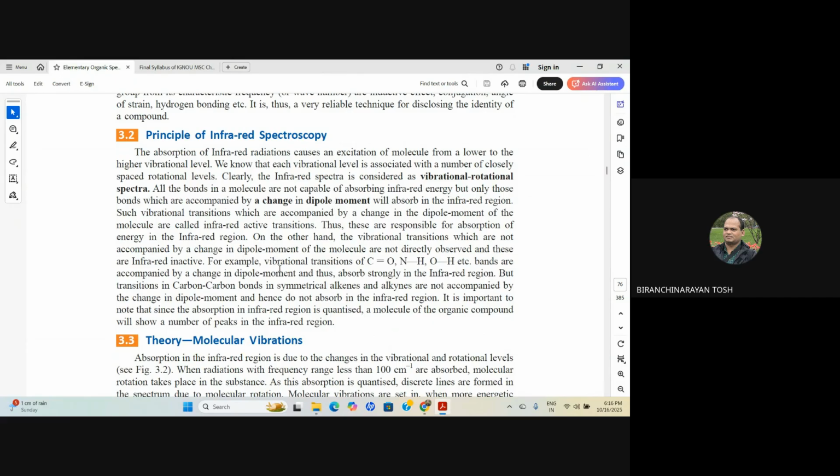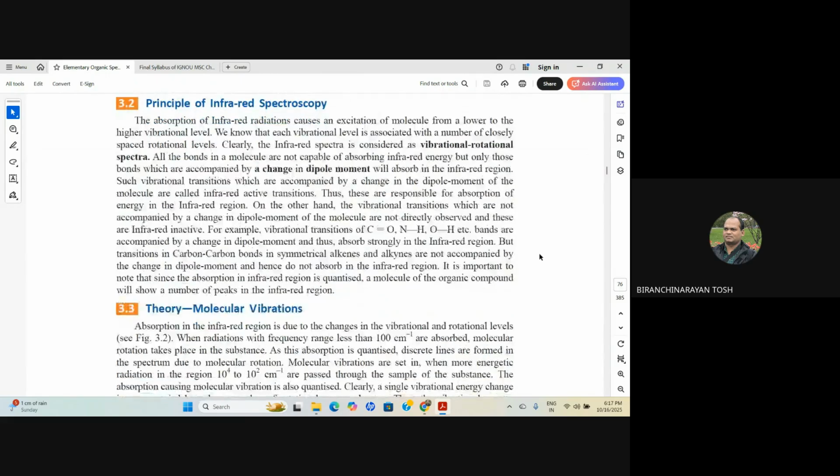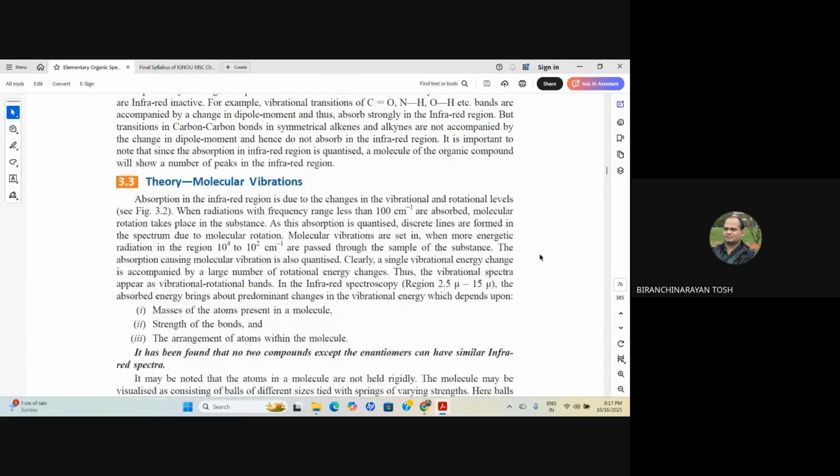So the vibrational transitions of C=O, N-H, O-H bonds are accompanied by a change in dipole moment. Thus, they will absorb strongly in the infrared region. But transitions in the carbon-carbon bond in symmetrical alkenes and alkynes are not accompanied by a change in dipole moment, and hence they do not absorb in the infrared region. So, the theory of molecular vibration.